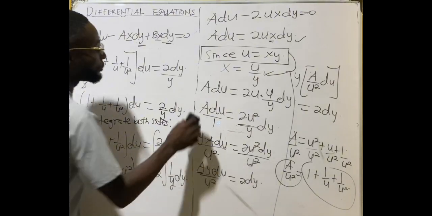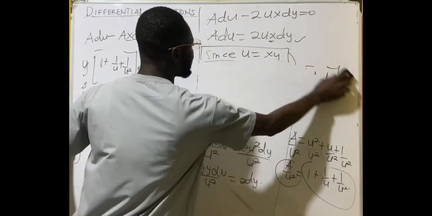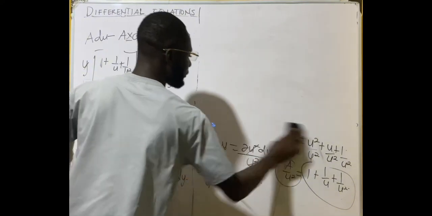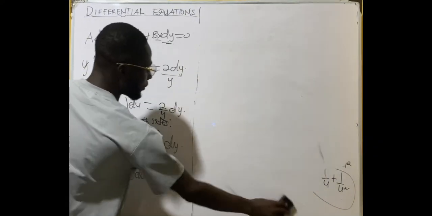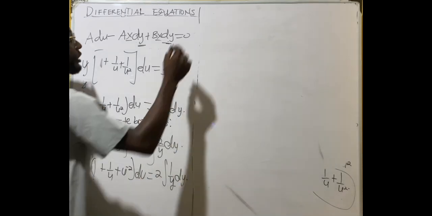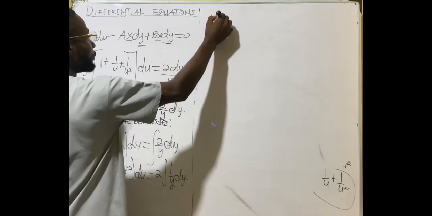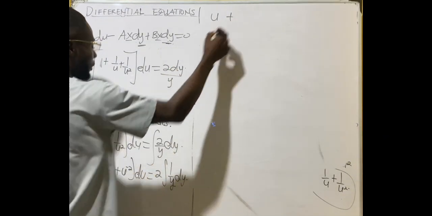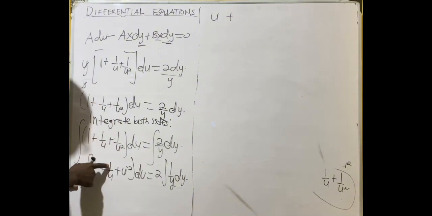So from here, when you integrate 1 with respect to u, you're going to have u, plus, when you integrate 1 on u, you're going to have ln u.